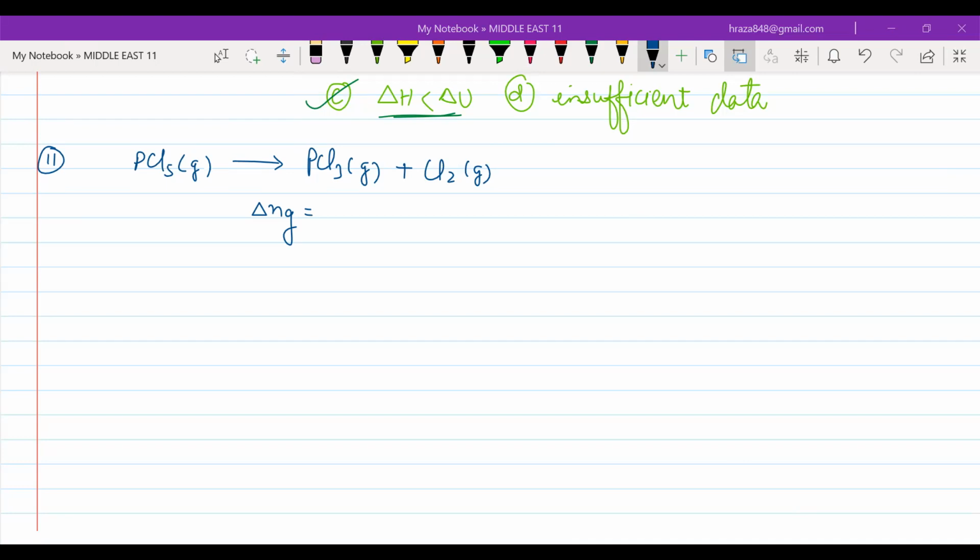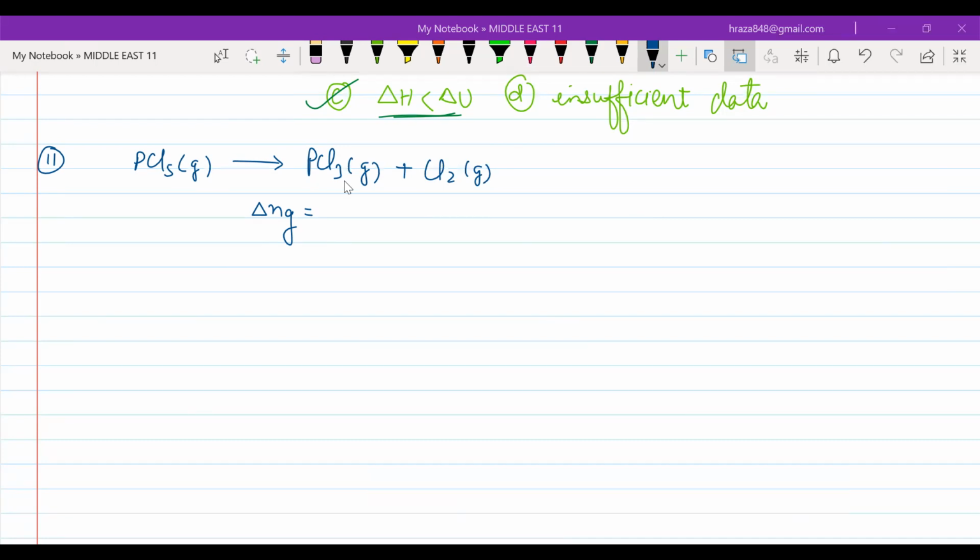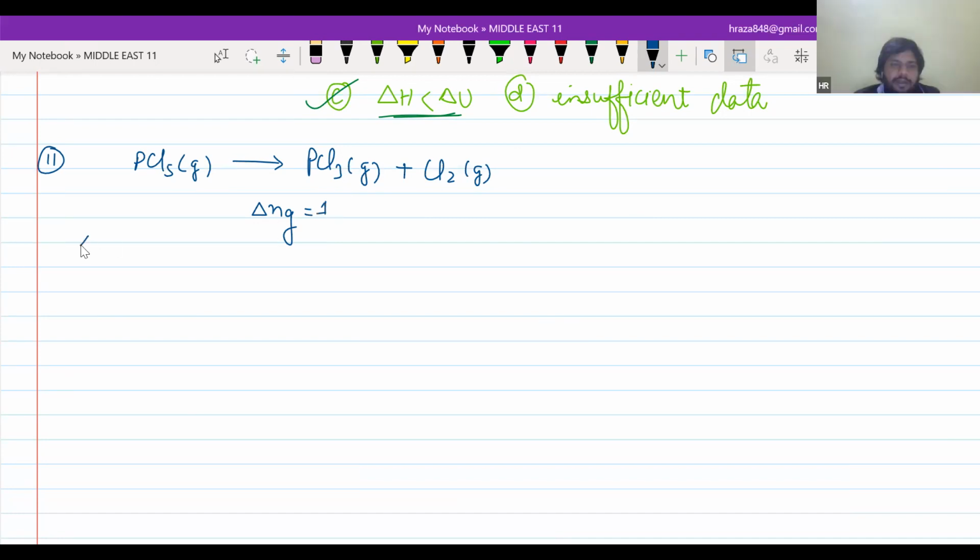It is one. Very good. Delta Ng equals 1. That means delta Ng is greater than 0. Can we write greater than 0? The previous one was less than 0.